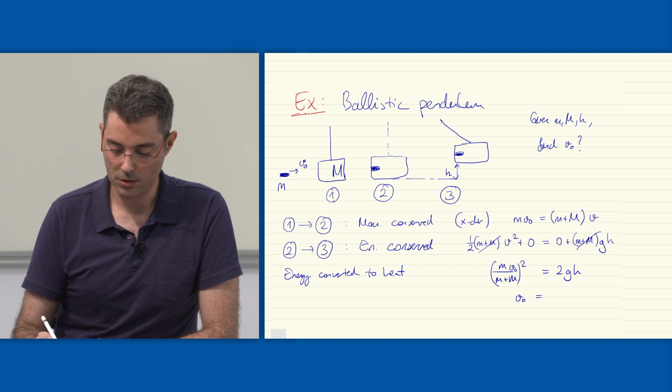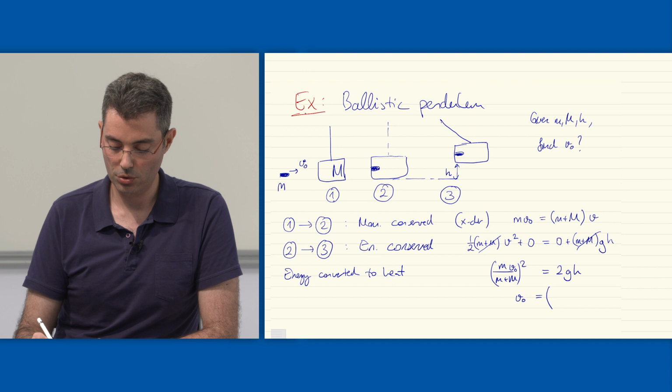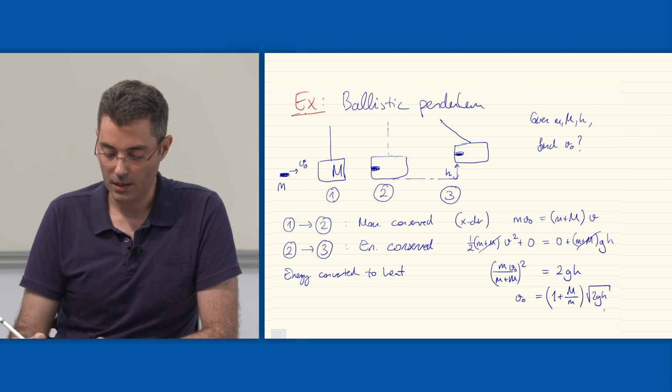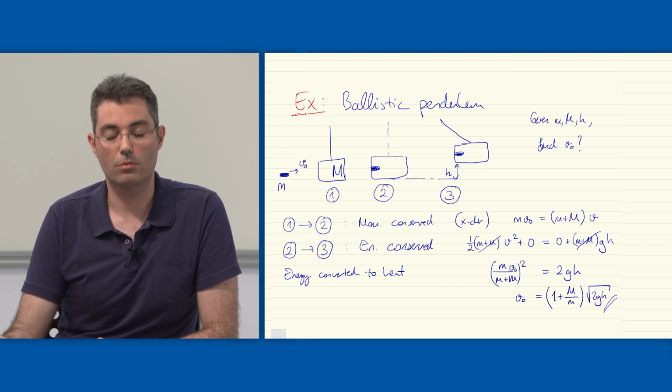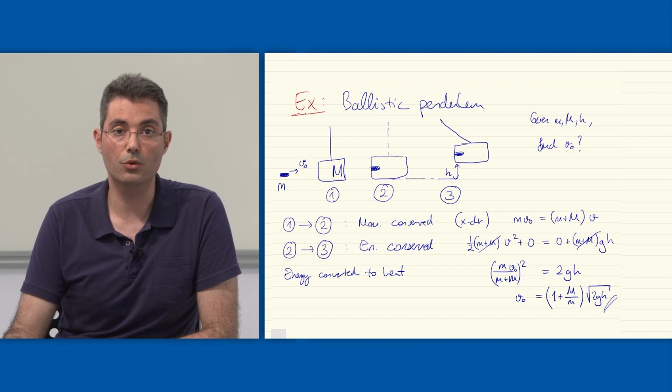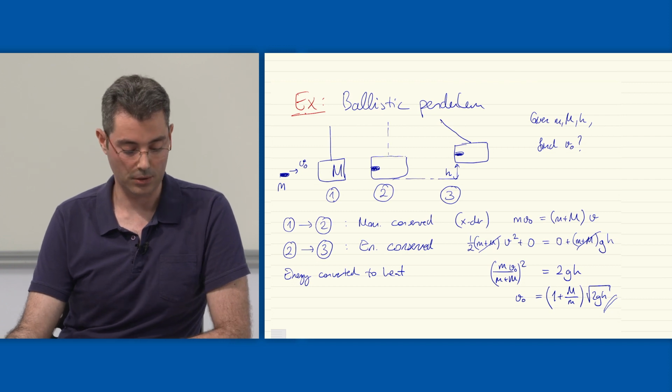So that v0 is going to be, if I invert this and take the square root and multiply with the inverse of this, 1 plus m over m times the square root of 2gh. So this was an application of conservation of momentum and conservation of energy in two different parts of the problem to relate the initial speed of the bullet to the height that you can measure of the ballistic pendulum.